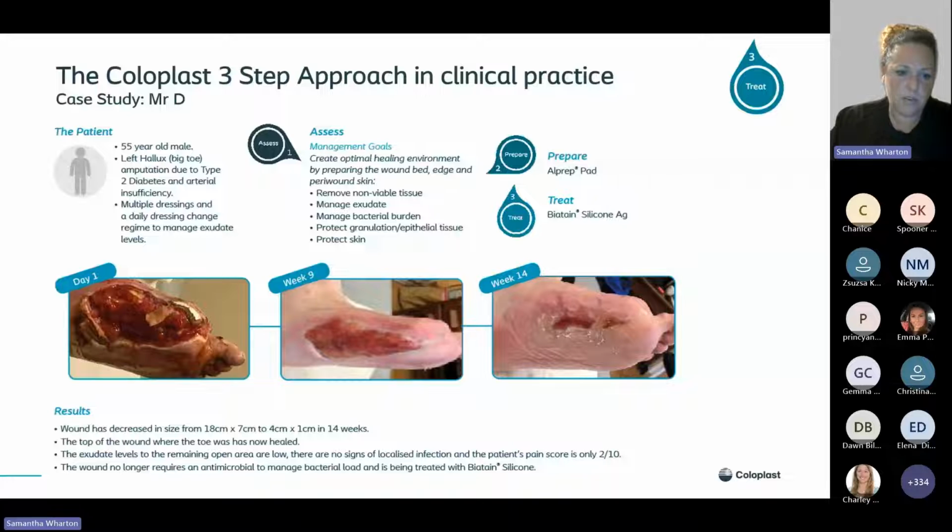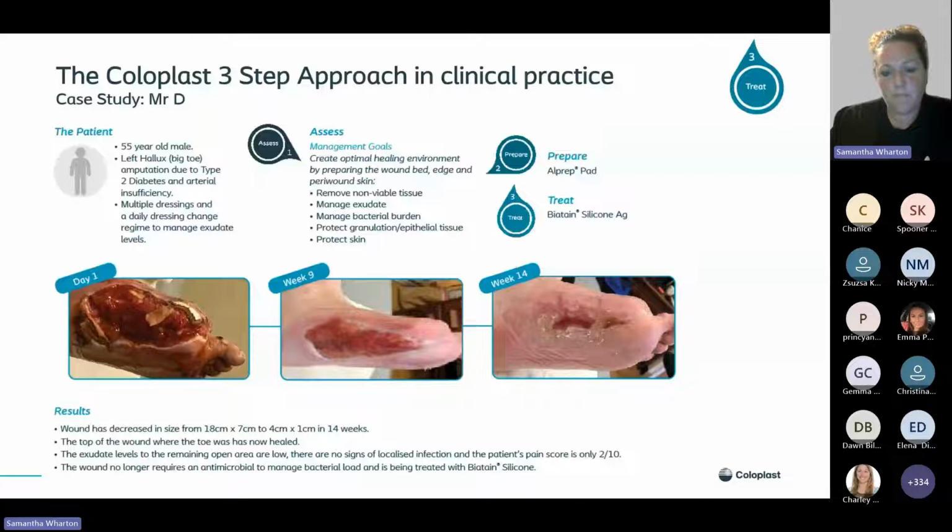The wound decreased in size from 18 by 7 centimeters to 4 by 1 centimeters. The top of the wound where the toe was is now healed. The exudate levels eventually became quite low, and there were no signs of that localized infection.